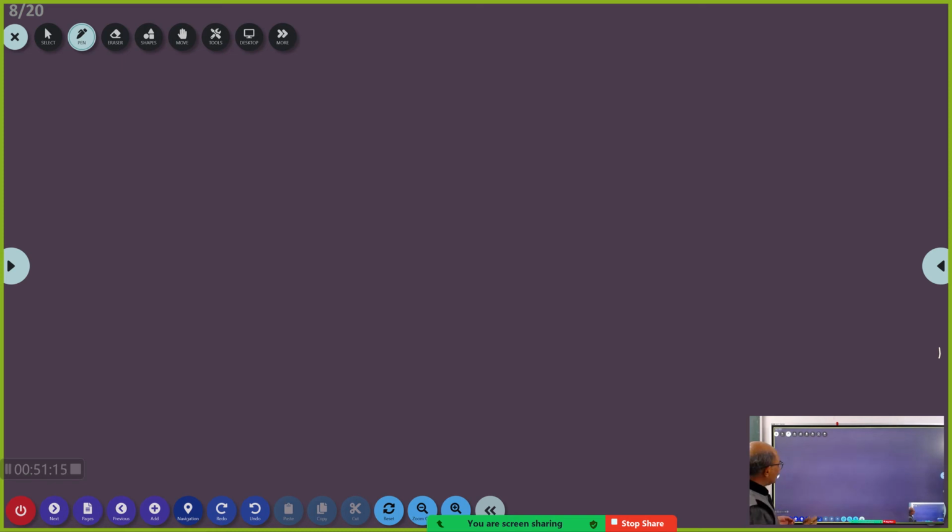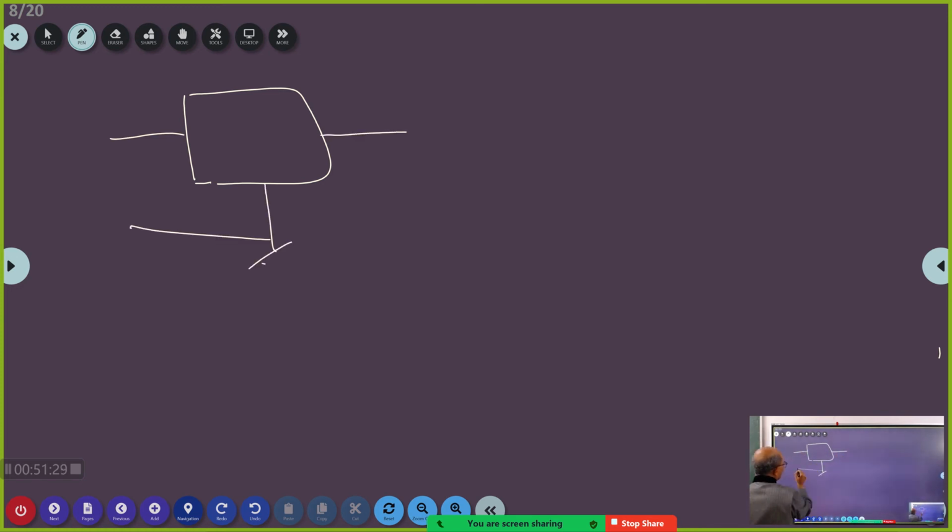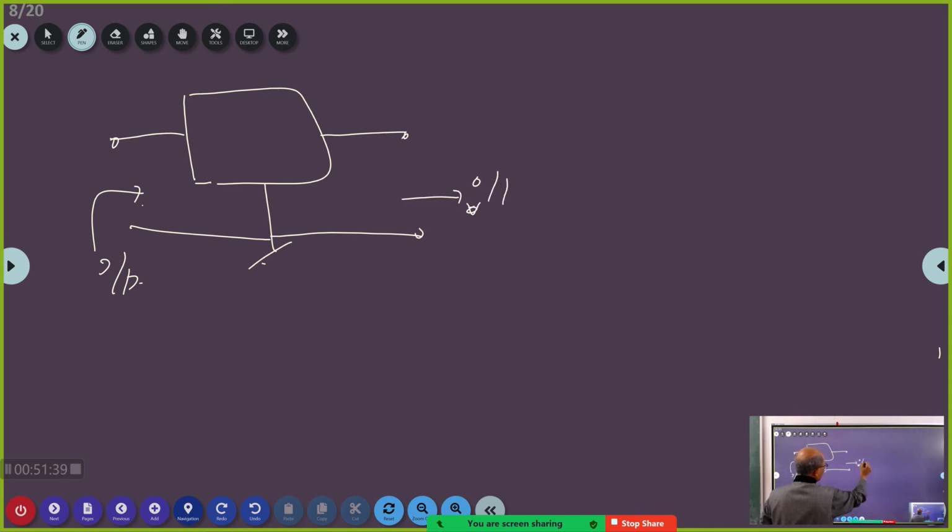So now you see, I'm just going to write the amplifier like this. You are getting input here, so this is the input side, and this becomes the output side.